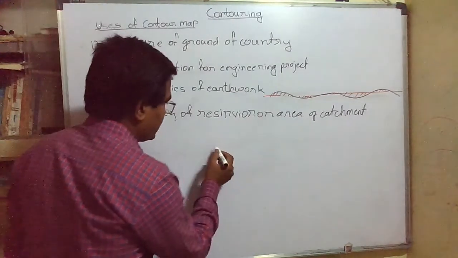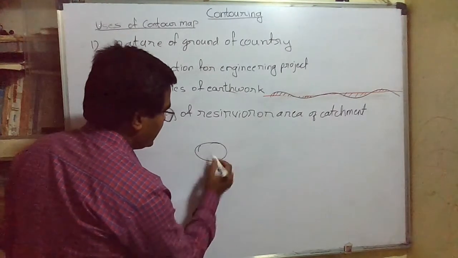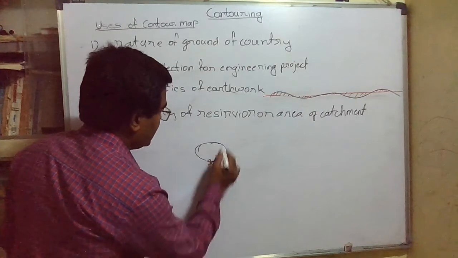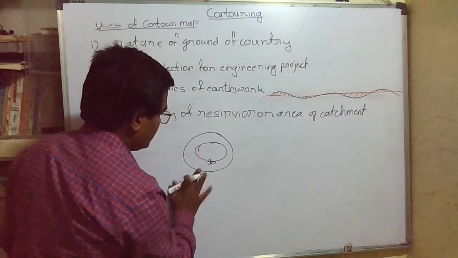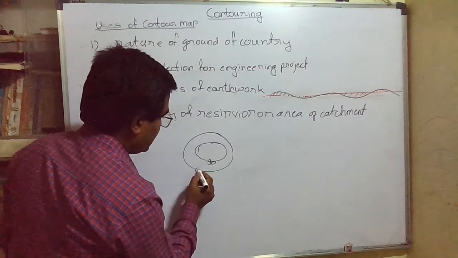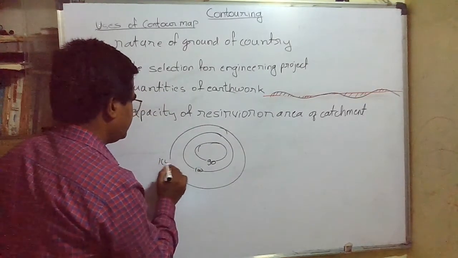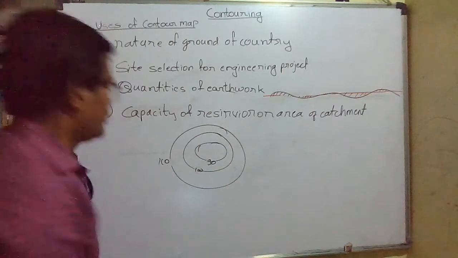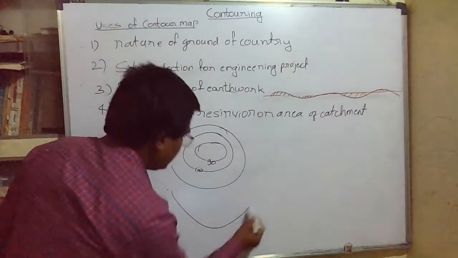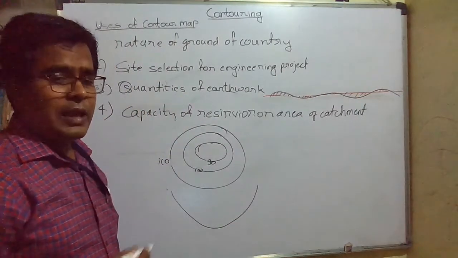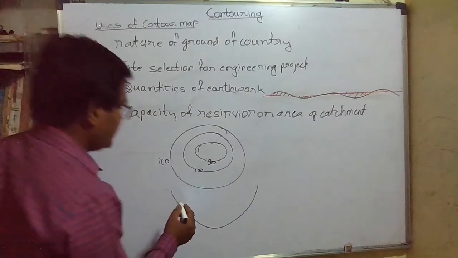Suppose this is the contour map, this is the contour of 90, 100, and 110, and this is the reservoir. So we can compute the capacity of this reservoir.